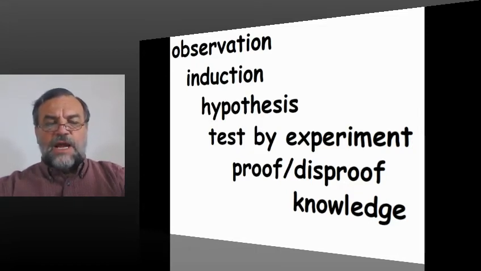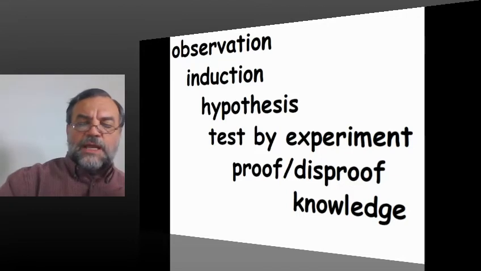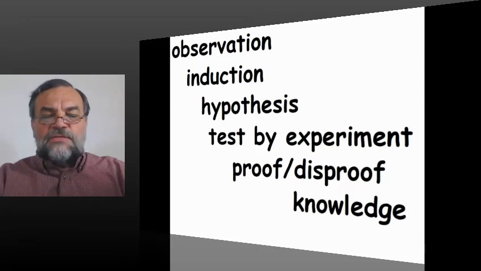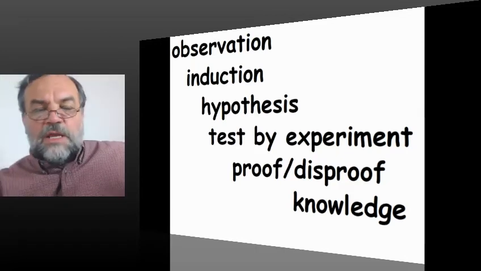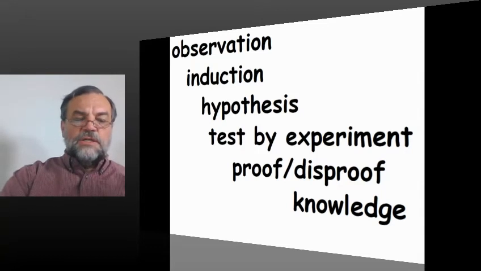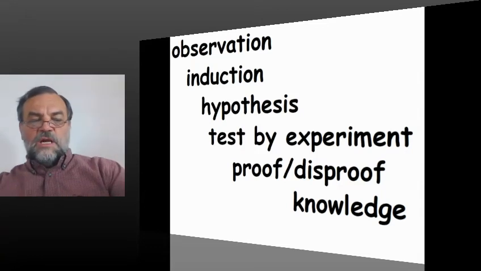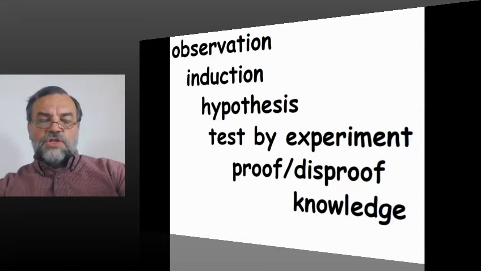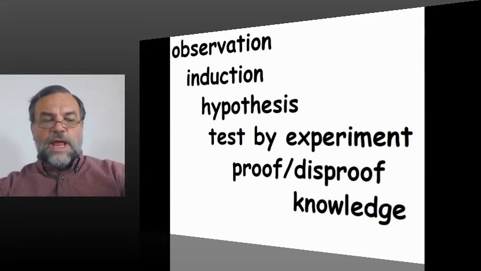Let me clarify at this point, there are people who would like to widen scientific knowledge and say this is not the only way that we have scientific knowledge. But even after all these centuries, this part of the scientific method is definitely a solid, secure way of having knowledge, of proving something.